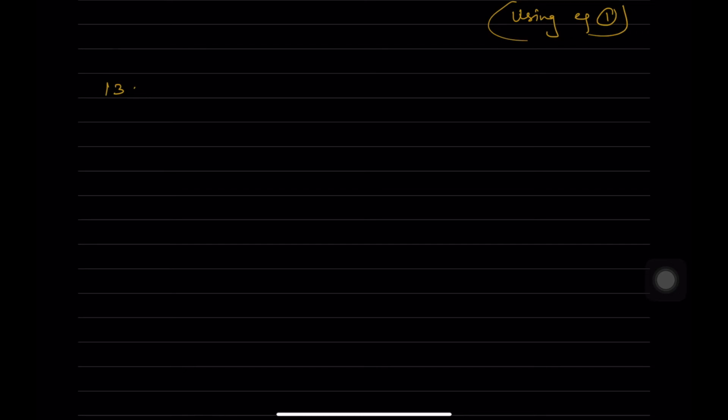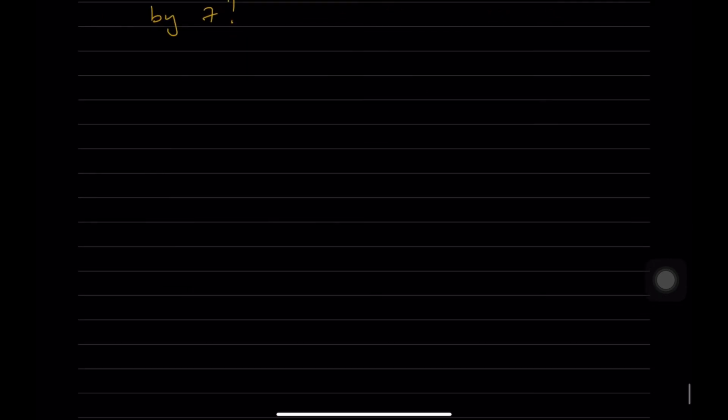So question 13, how many 3-digit numbers are divisible by 7? So now here the solution for this problem is, what is the AP here?